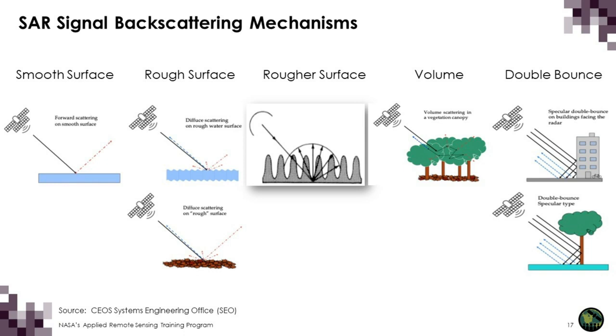Double bounce in flooded vegetation occurs regardless of whether, again, there's 1 centimeter of water or 10 meters of water. It also occurs in urban areas, so these are common sources of confusion. If you're looking at flooding and there's an urban area, it's also going to look like it's a flooded area. I'll show you some examples of that.